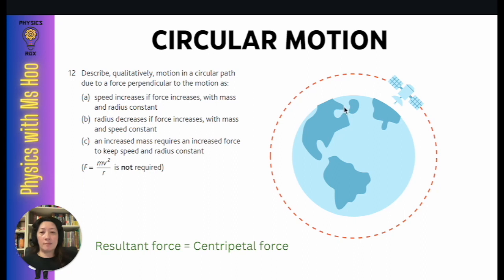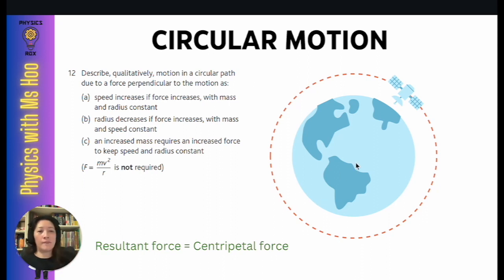Now, for circular motion, you need to be able to identify what happens when an object is moving in a circular path. Now, it does say here the force perpendicular to its motion. This is actually known as centripetal force, and you must know that in a circular motion, the resultant force is the centripetal force. The centripetal force is a force that acts towards the center of the circular path.